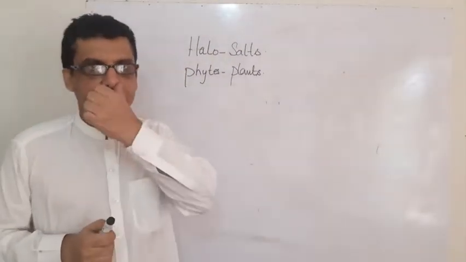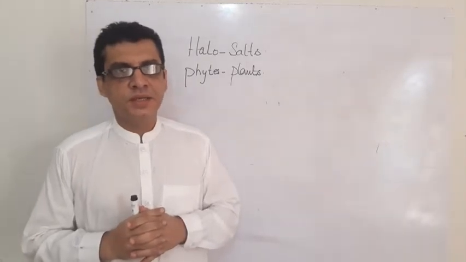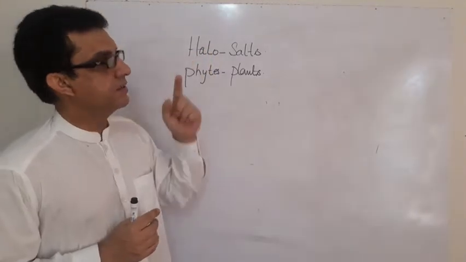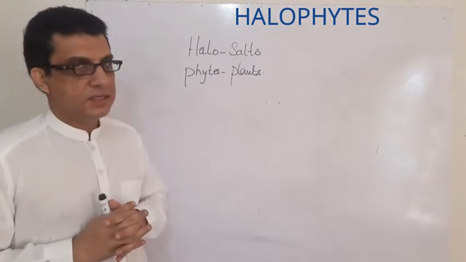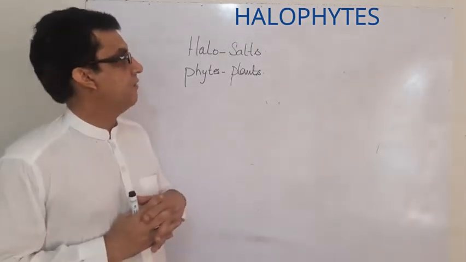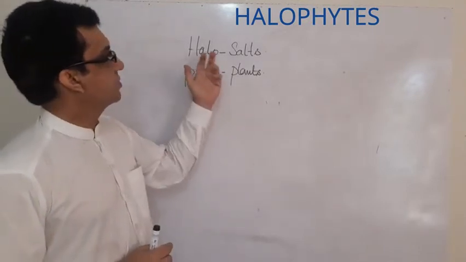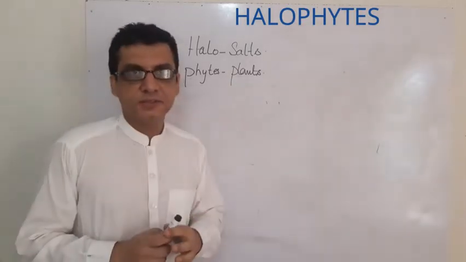So next is osmoregulation in halophytes. Halophytes are the next category of plants. First of all, the meaning of the terminology: halo means salts and phytes means plants.